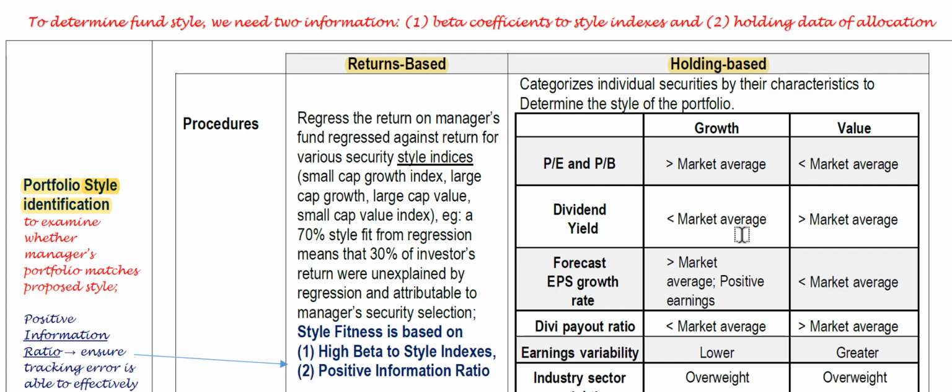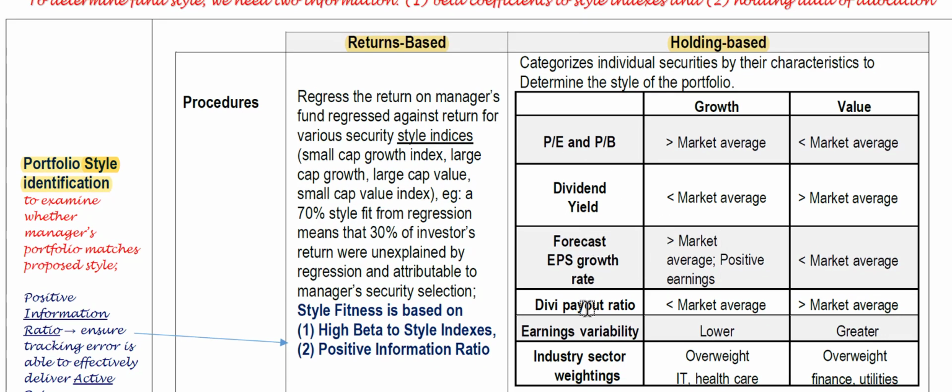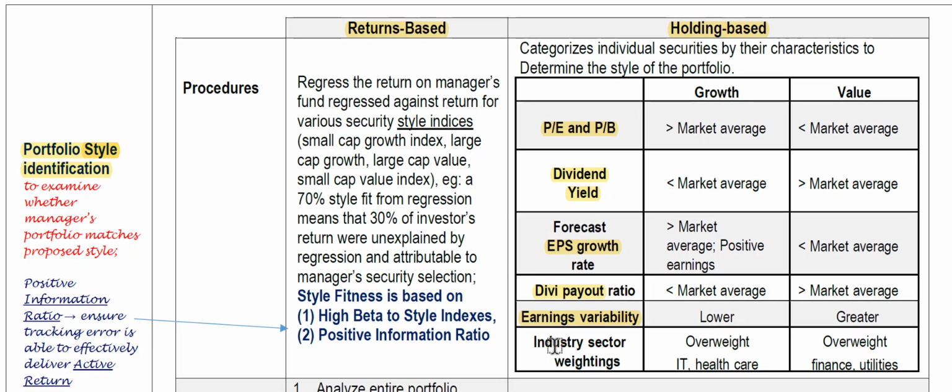So what's the difference here? In the holdings-based approach, we characterize individual securities by their characteristics to determine the style. For example, we use six different fundamental characteristics, like PE ratio, PB ratio, dividend yield, forecast earnings growth rate, dividend payout, earnings variability or volatility, or industry sector, and so on.